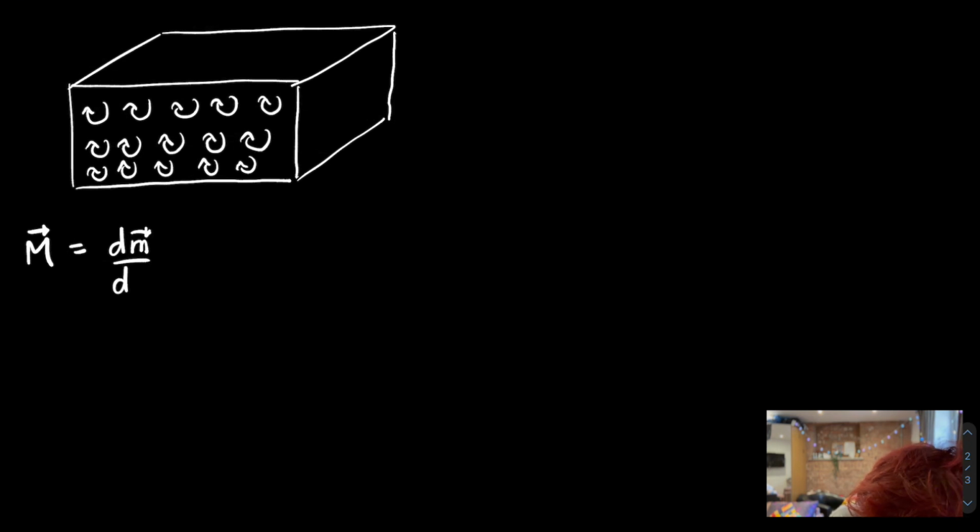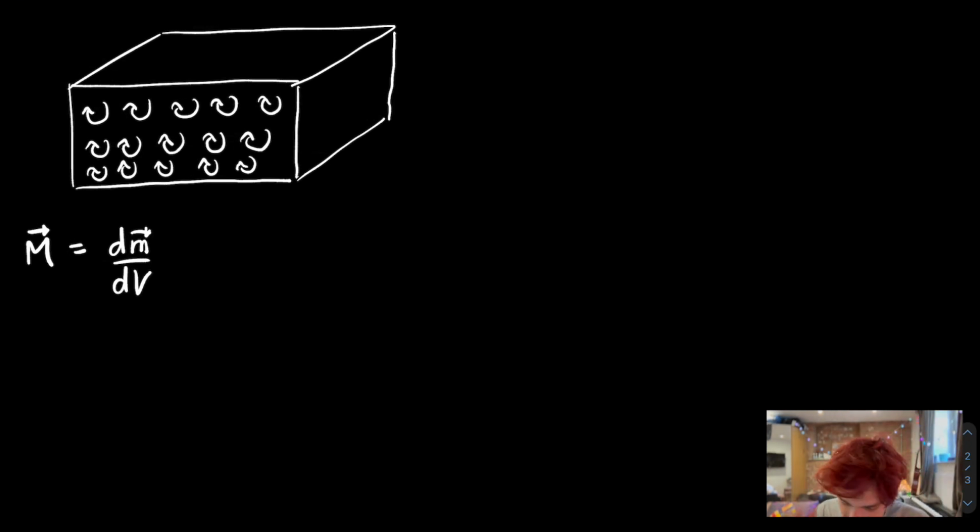So rather than just one magnetic dipole moment, we have a whole array of magnetic dipole moments all within the system right here. So this could be a solid or a liquid, but essentially any system of atoms will have a magnetic dipole moment. And we actually define what's known as the magnetization, which is capital M, as being equal to the derivative of the magnetic dipole moment with respect to volume.